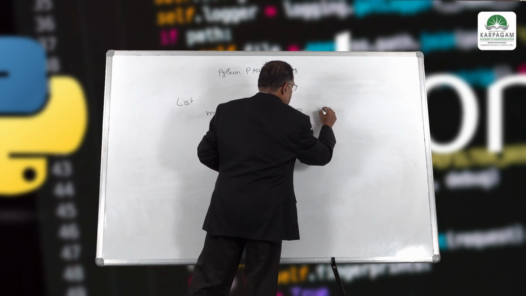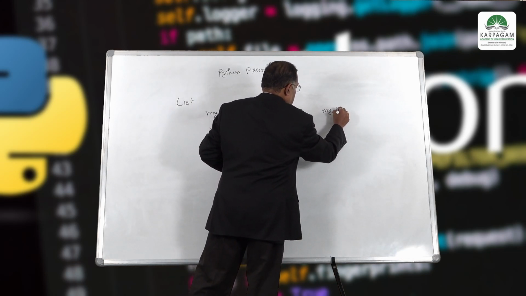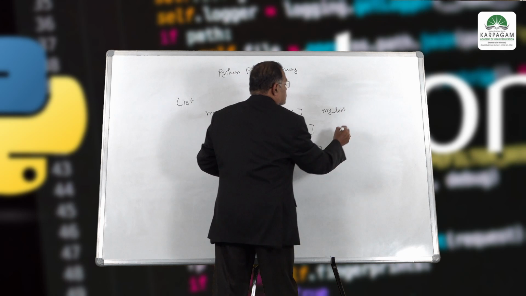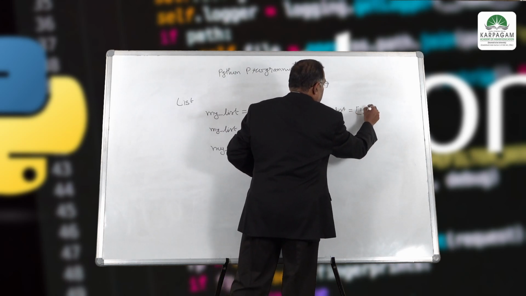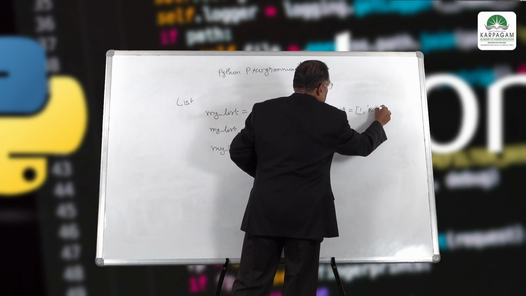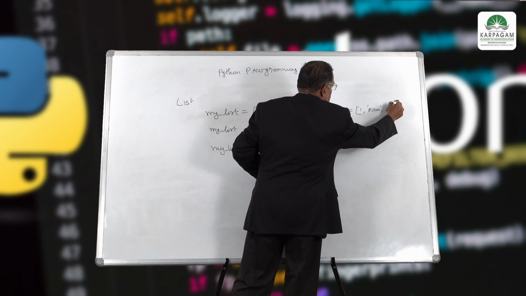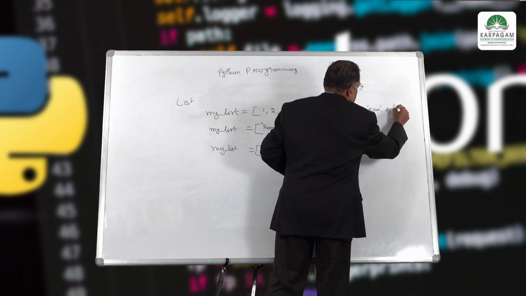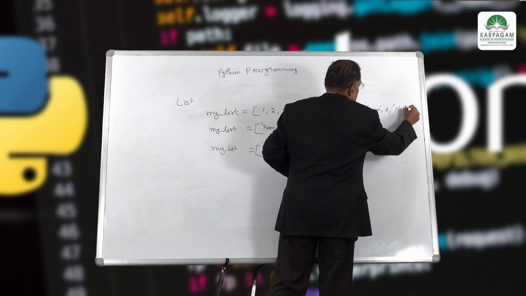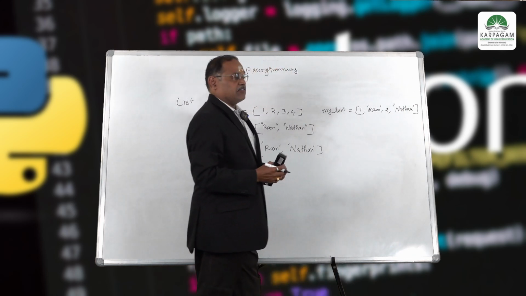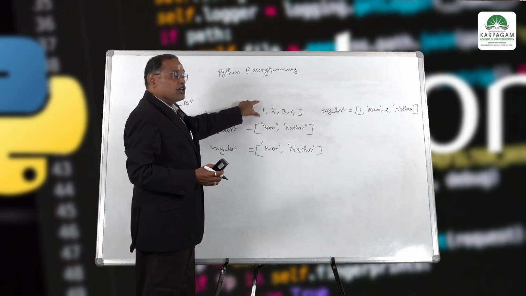For example, 1, Rama, 2, Nathan. The first example is for numeric values.